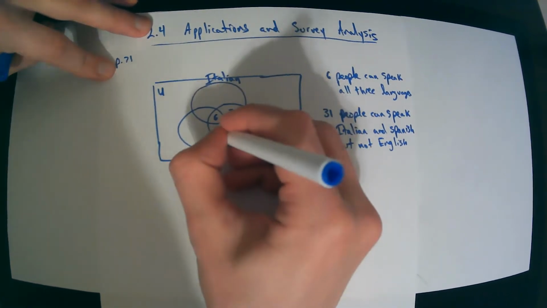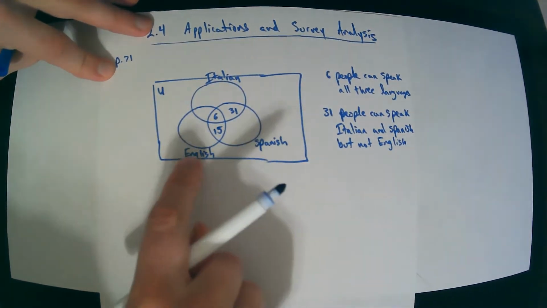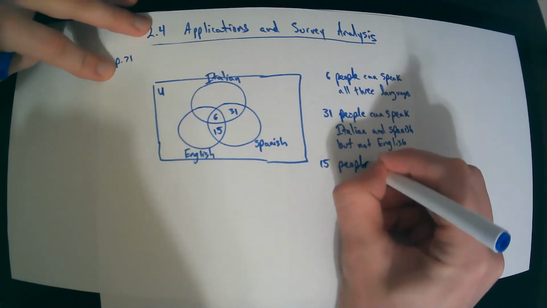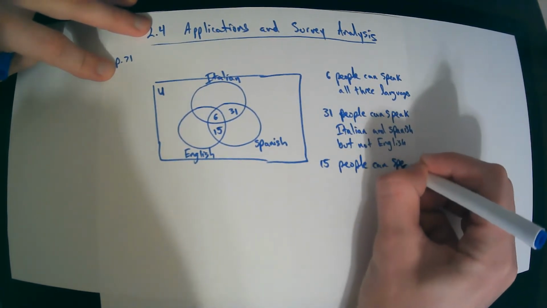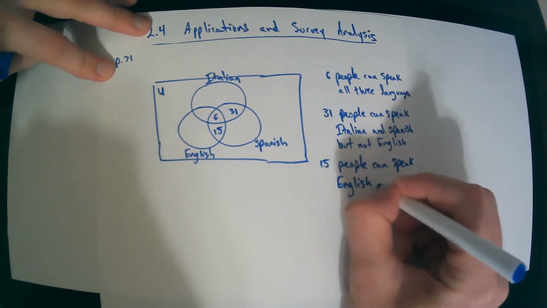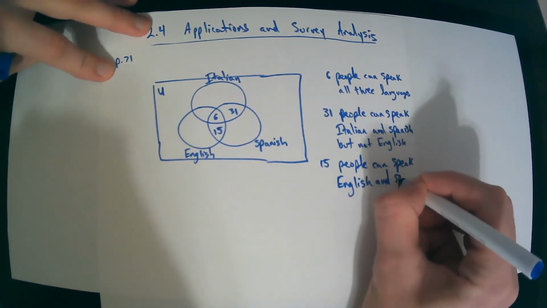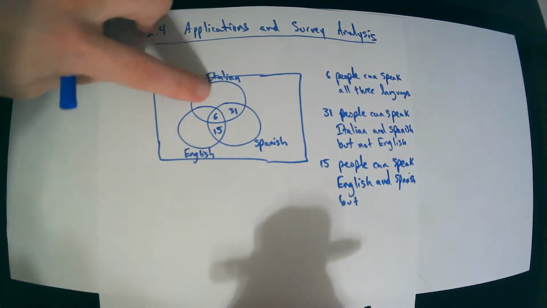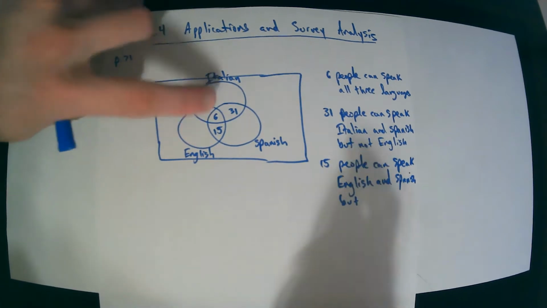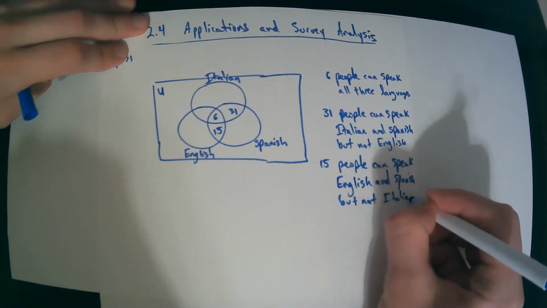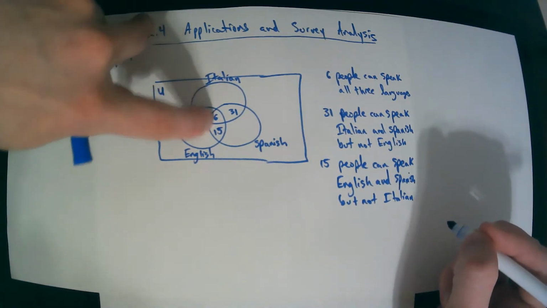Okay, that's going to be the theme for each of these spots. So down here I've got this 15 in English and Spanish, so 15 people can speak English and Spanish, but which circle are they not in? They're not in the Italian circle, because if they could do all three, then they would be in here, but they're out here.